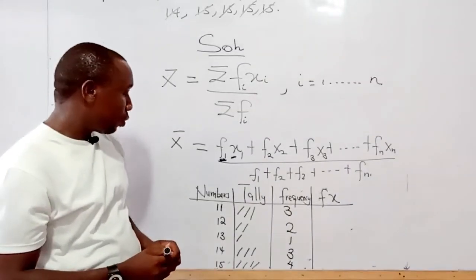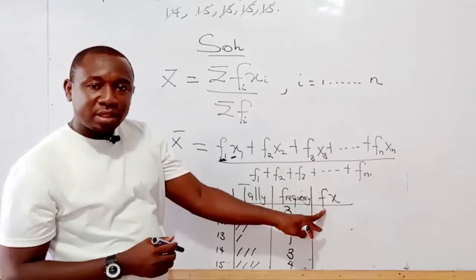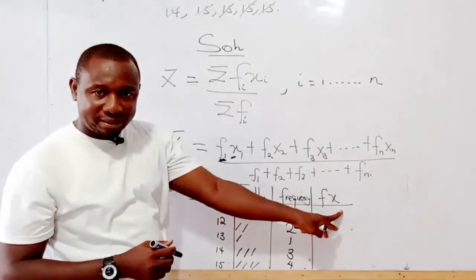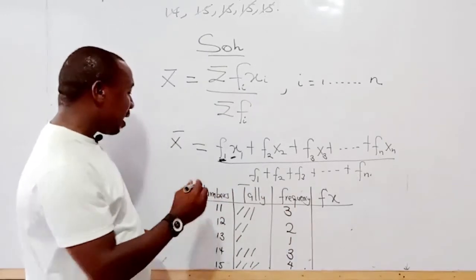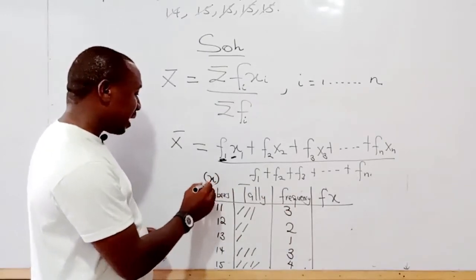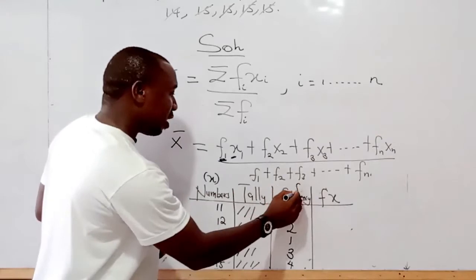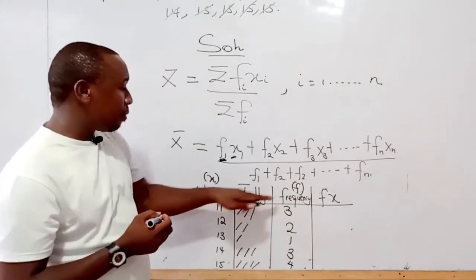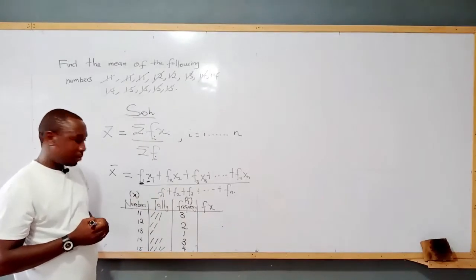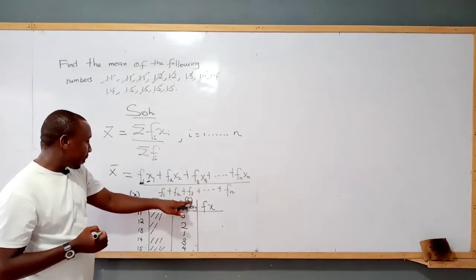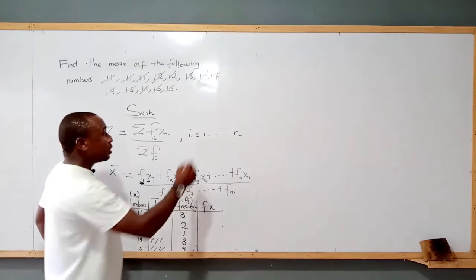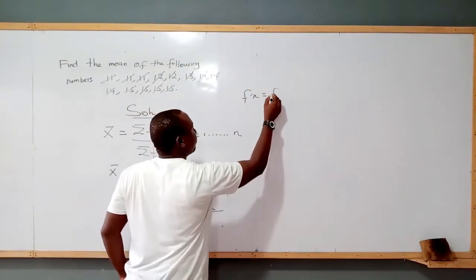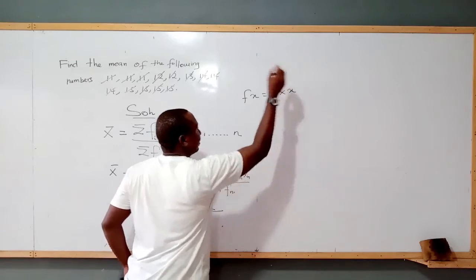Now, fx means multiply the frequency by the corresponding x. So the numbers here represent our x, and the frequency here represents the f. So we multiply x by f. When you see fx here, fx is the same as f times x.